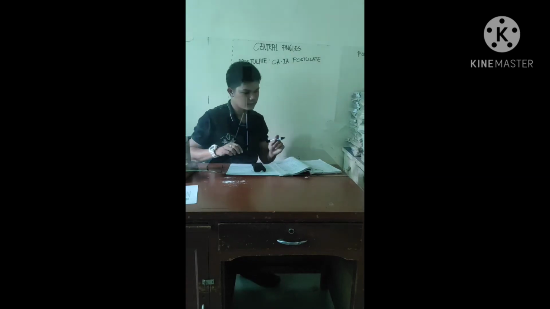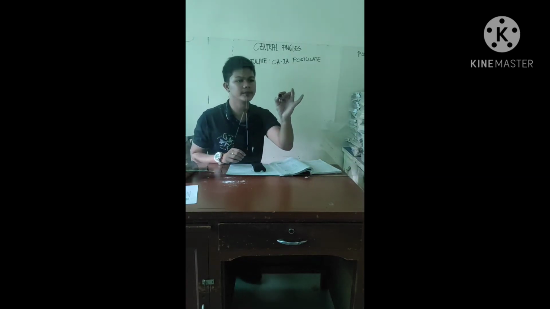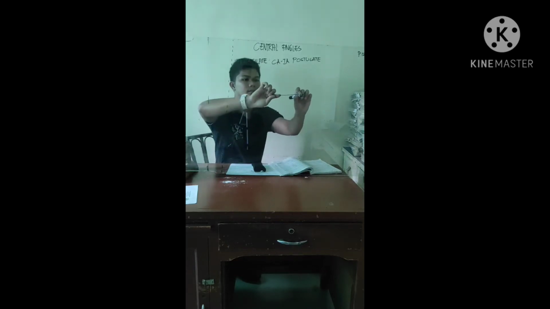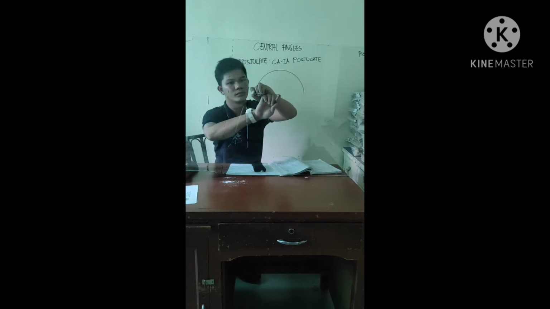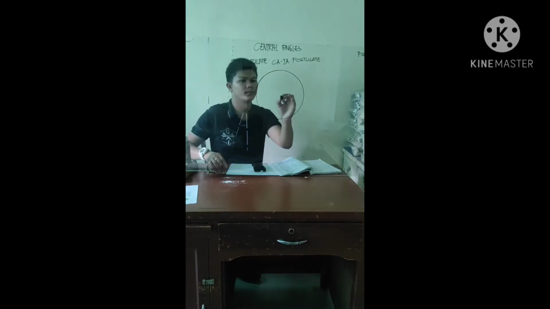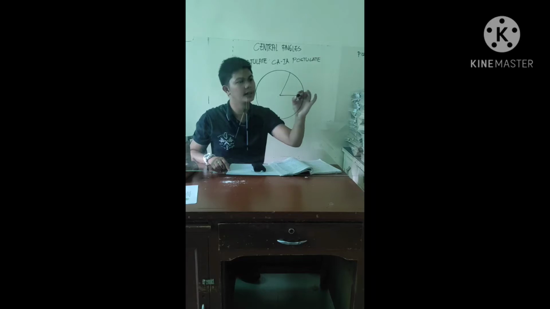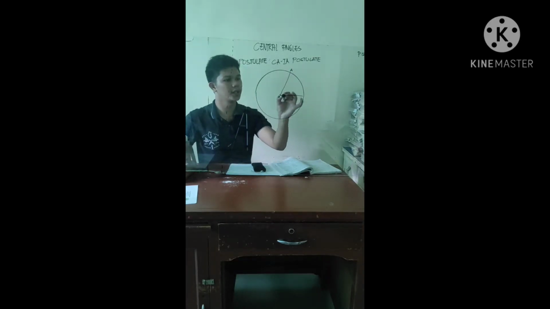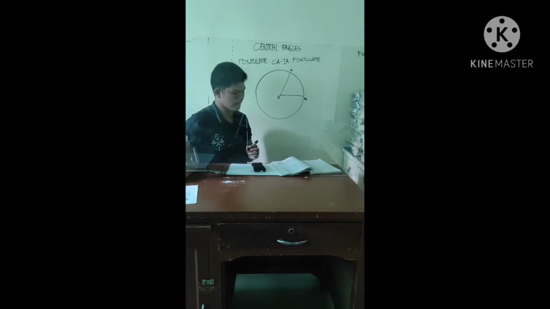So, we have a circle here. And we have an angle. We have circle AO. And we have a central angle AOB. Okay.